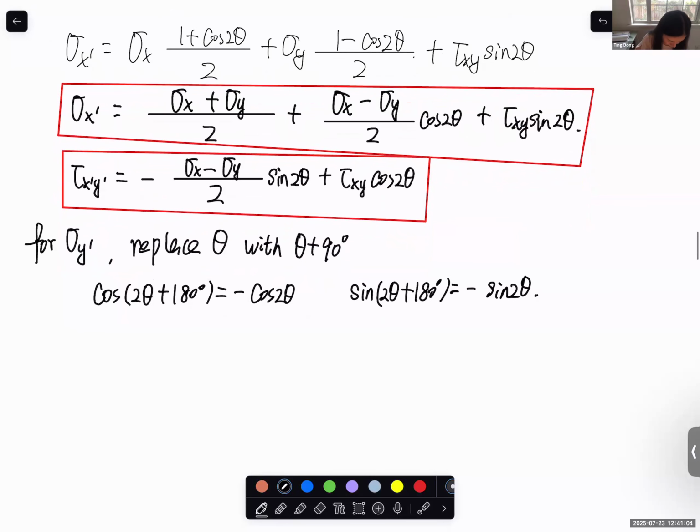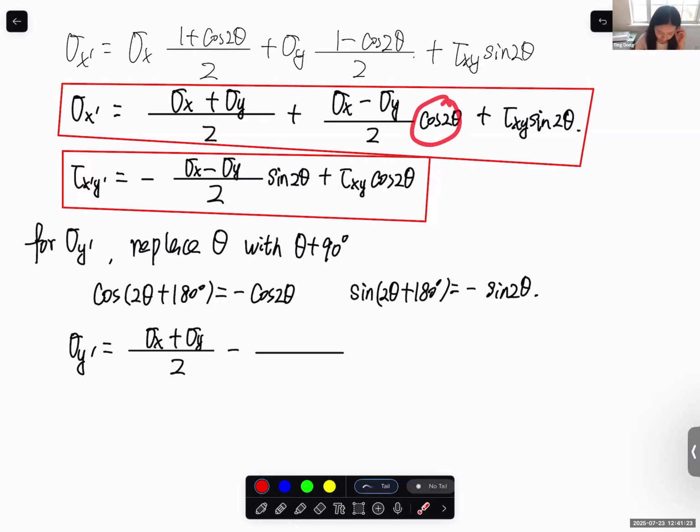So now we can write sigma y prime equal to half of sigma x plus sigma y minus, because now you can see the cosine 2 theta, I wrote it here. If we replace theta with theta plus 90, then it becomes cosine of 2 theta plus 180, which is equal to negative cosine 2 theta. So we just change this positive sign to a negative sign.